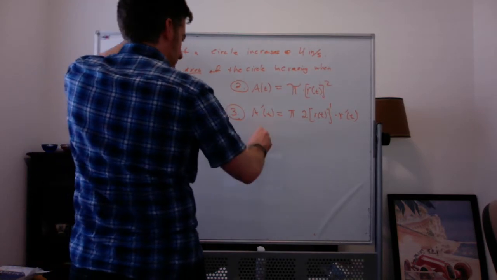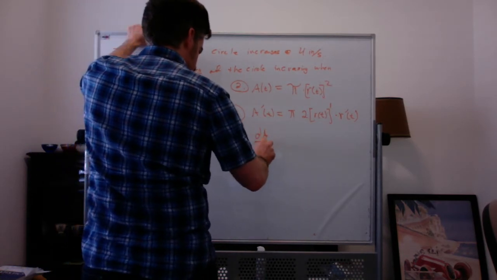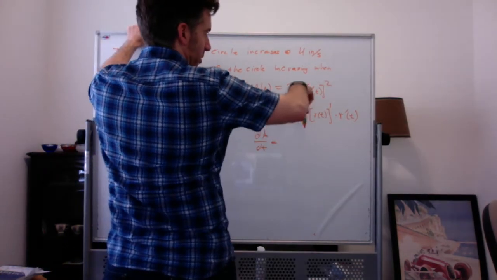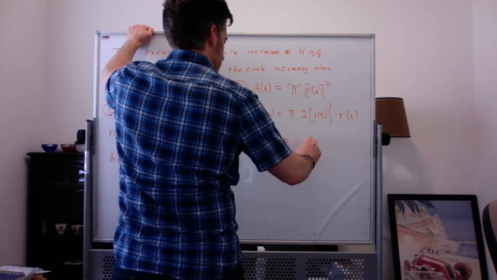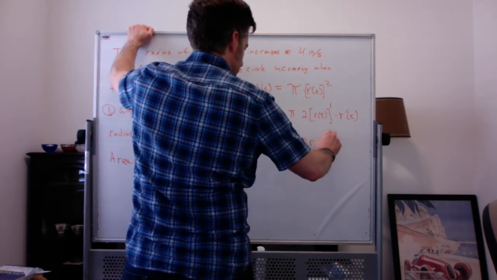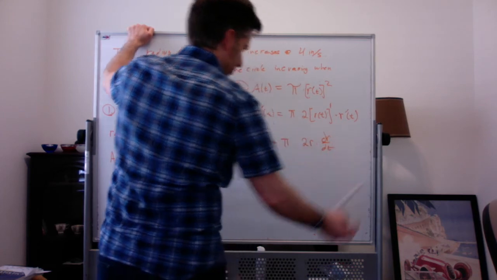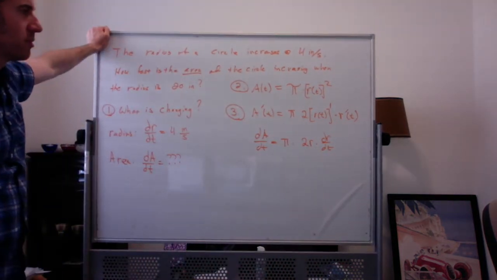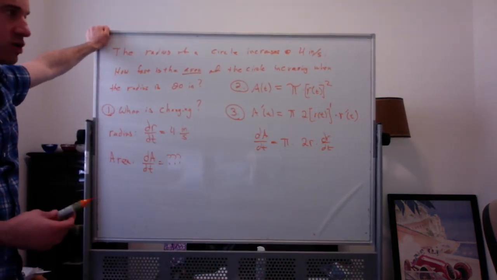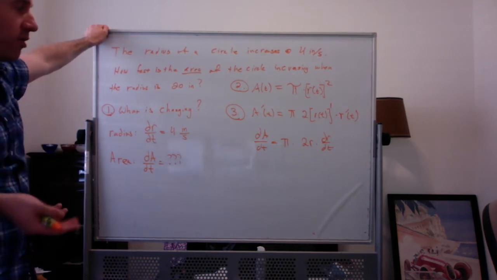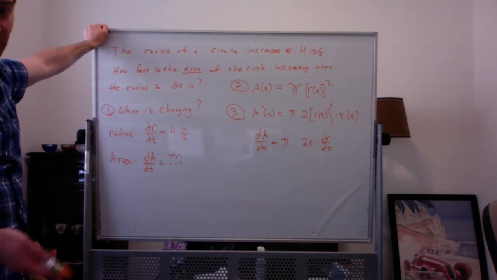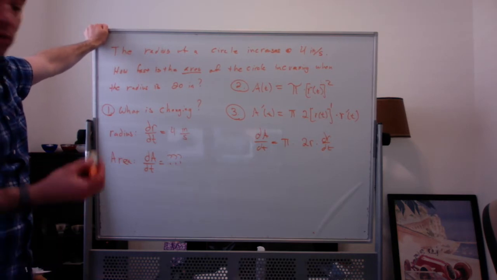We say A prime of t is dA dt, and the derivative of pi times r squared is pi times 2r times dr dt. So whenever you differentiate some function to a power, we know that function is actually a function of time, so we have to use the chain rule and multiply by its derivative.